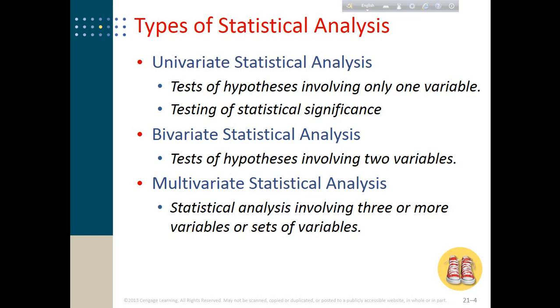For example, if we are testing whether there is a significant relationship between level of income and level of expenditure, or whether the average income of male and female employees are different, then we will be conducting bivariate analysis.